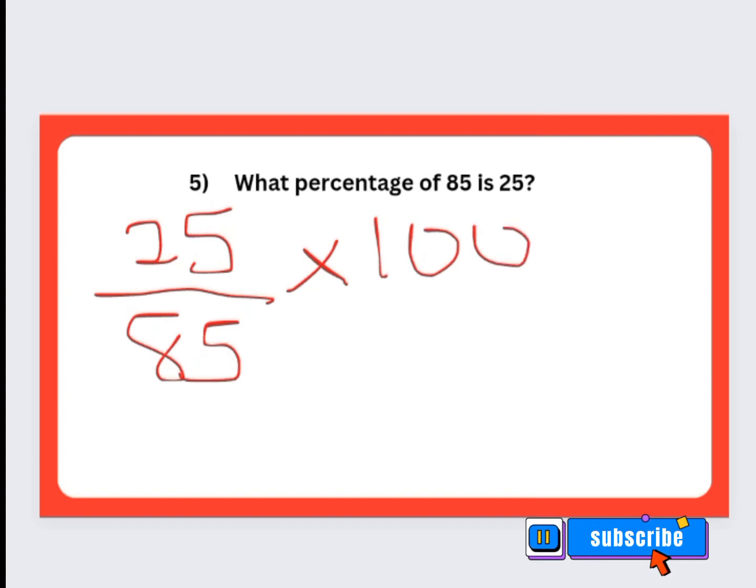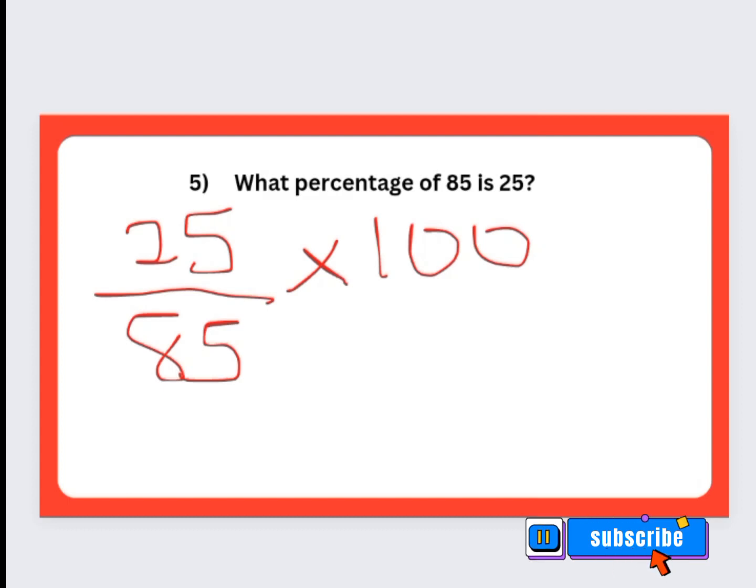So as you can see, this is a little bit different from what we have done previously. What percentage of 85 is 25? So in this example, we're going to find percentage.